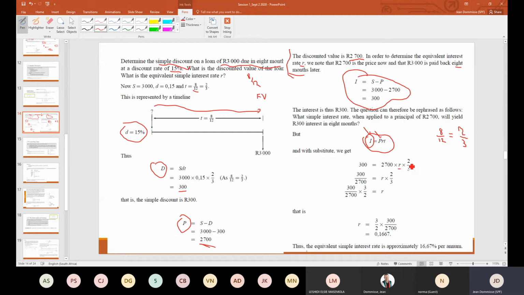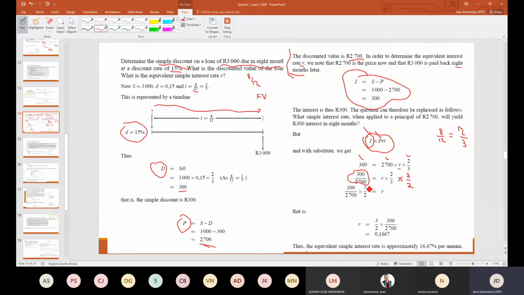So to work out the R, we already have all the other information. So we have the 3,000, the 300. We divide on both sides by the 2,700, and that's why we do that step. To get rid of the 2/3, we multiply on both sides by 3/2.